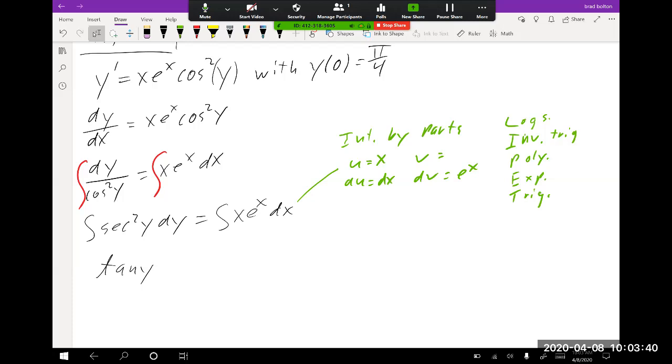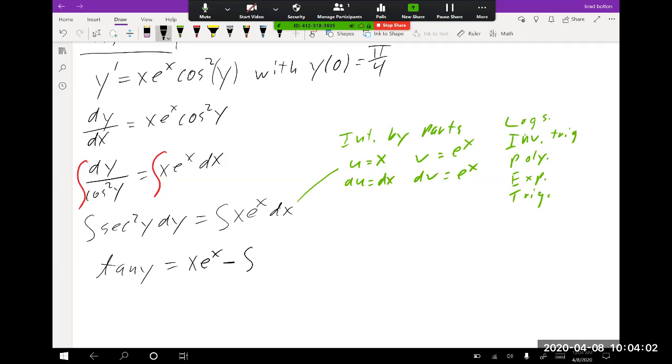Well, the integral of that would be v, and the integral of e to the x is just e to the x. So now we're going to write our integration by parts. So we know that it's u times v, or ultraviolet. That's our ultraviolet voodoo. So u times v is x e to the x minus the integral of v du.